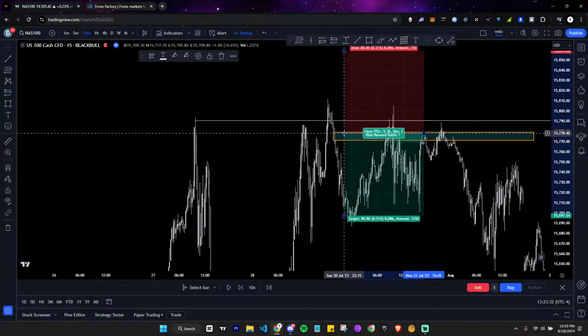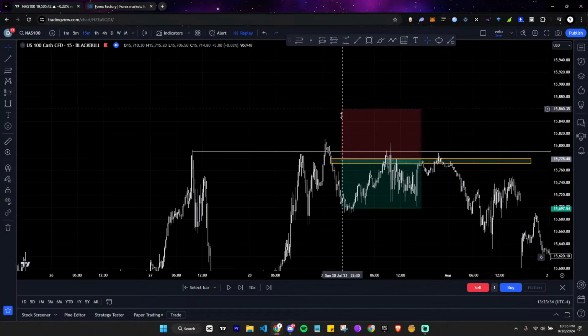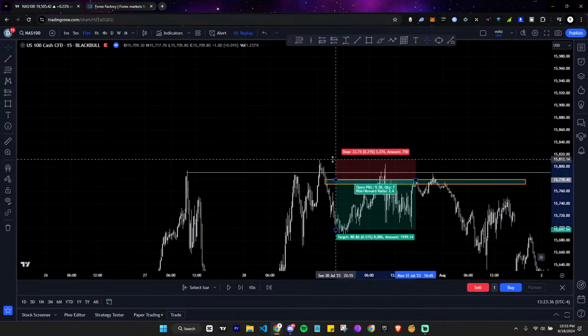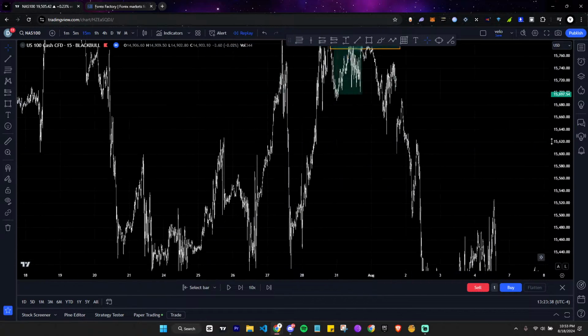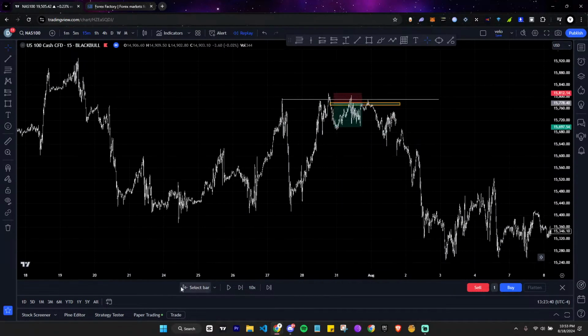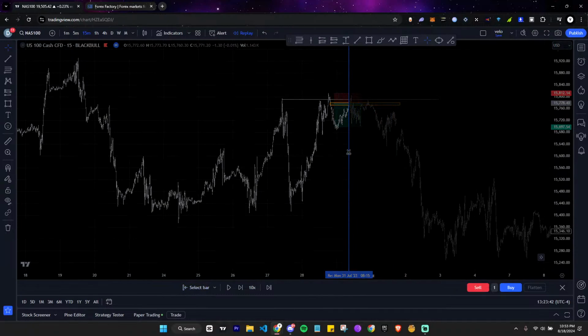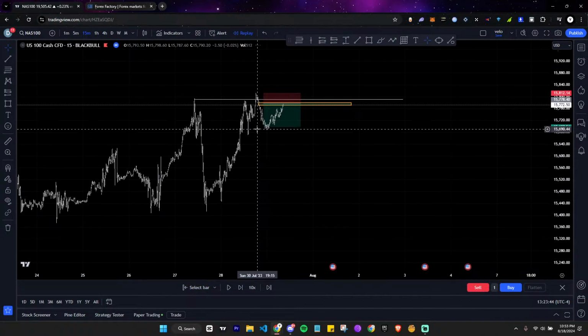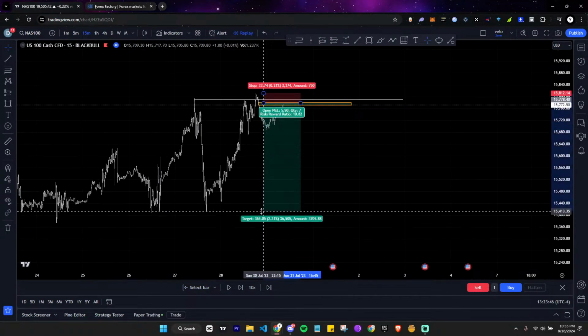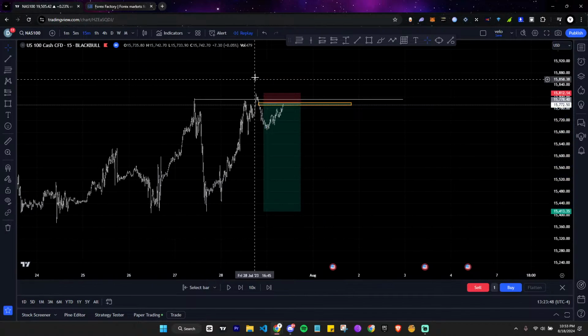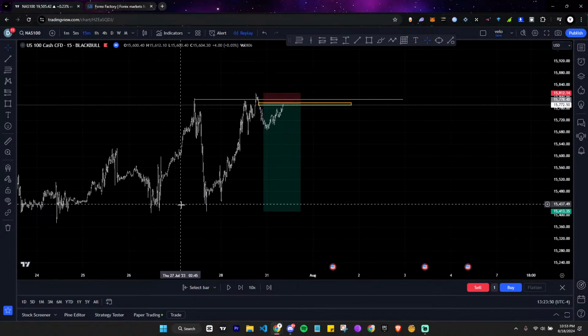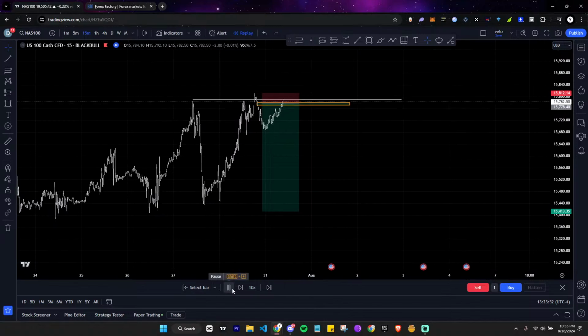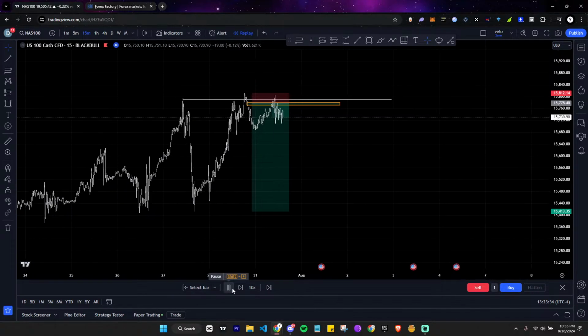And this is a shorting type scenario, where I would use this swing high as my stop loss and this swing low as my take profit. Let's see how it plays out.